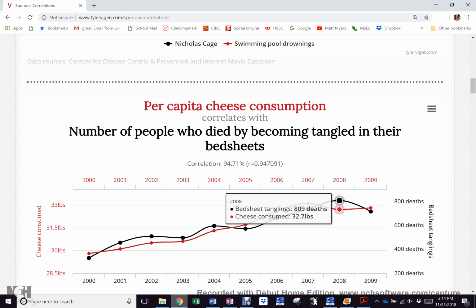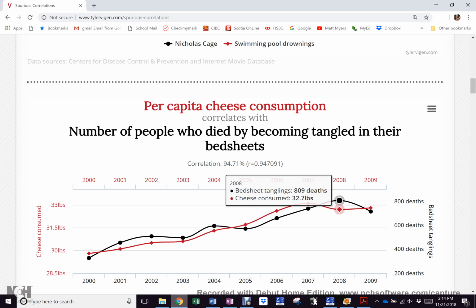Oh my good God. 800. If I eat more cheese, more people will tangle themselves in their bed sheets and die. That's in America. We had better cut back on our cheese consumption, or we had better cut back on bed sheets. Because look at all these needless deaths due to extraordinary cheese consumption.